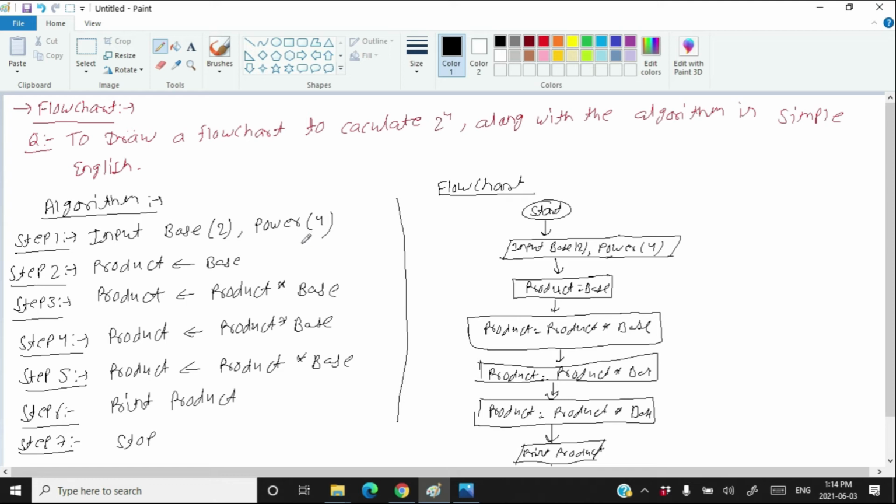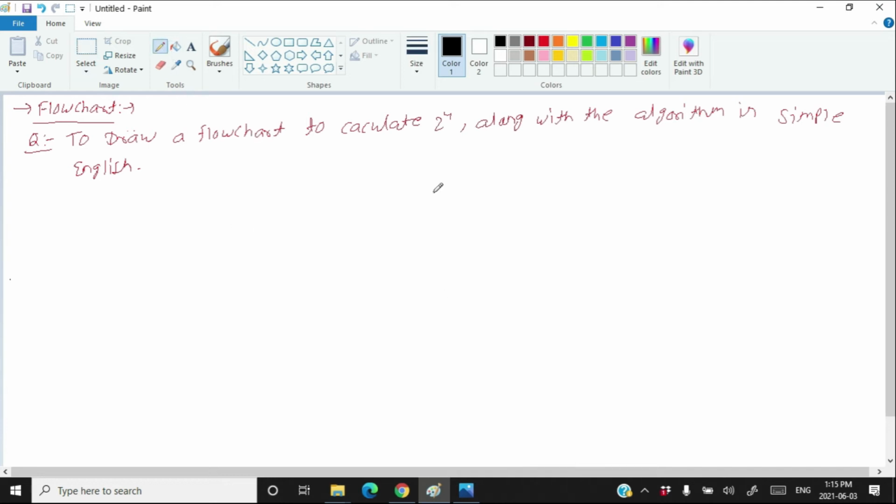Of course I don't want to write this statement 9999 times if the value of power is 10,000. So this is the problem with this approach to calculate base to the power. Let's see a new approach. Let's first check the flowchart of the new approach.